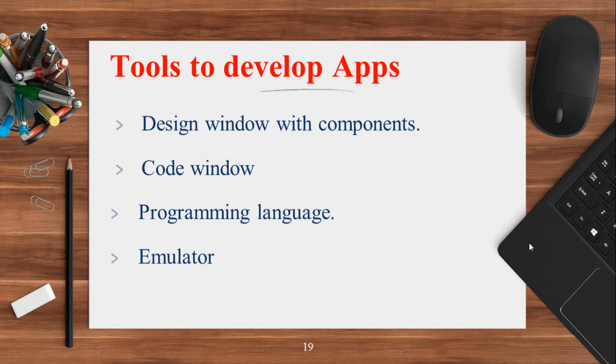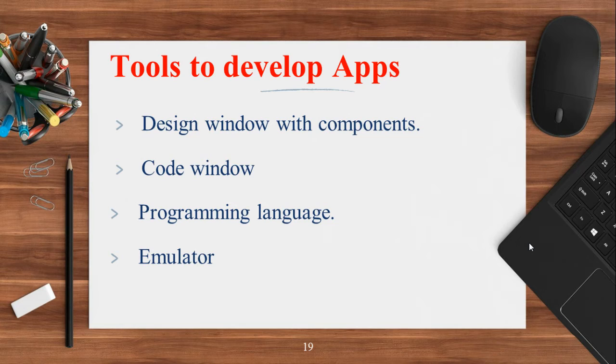We call it an emulator. An emulator is software that appears as a window, like a mobile screen appearing for you on the computer. So it looks exactly like a mobile simulation. You will look at it as a mobile which you hold in your hand, and you will check whether your application runs or not. So that's why we call it an emulator.